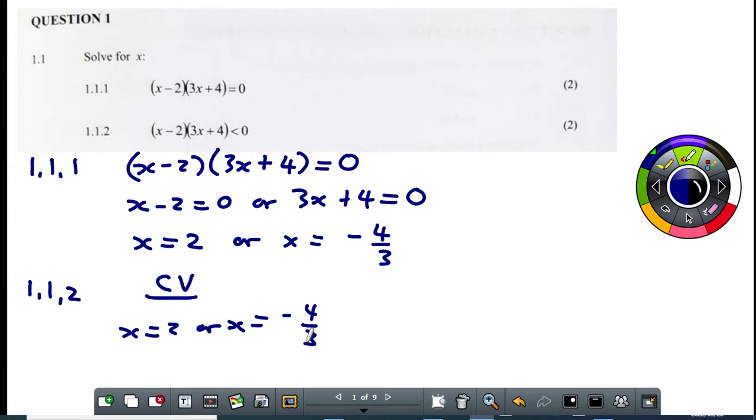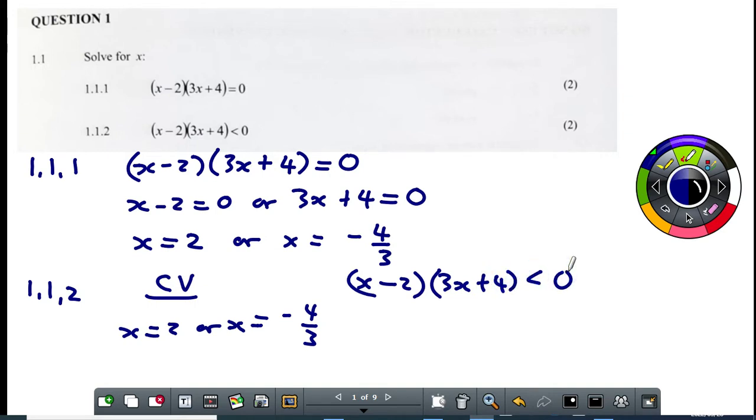Then we need to use the graphical method or the number line method. Any of the two, it's your choice. Now, the good thing about the inequality is that it's given as x minus 2 times 3x plus 4 is less than 0.